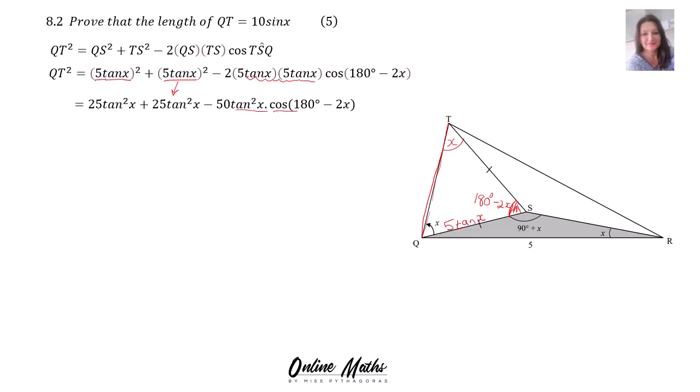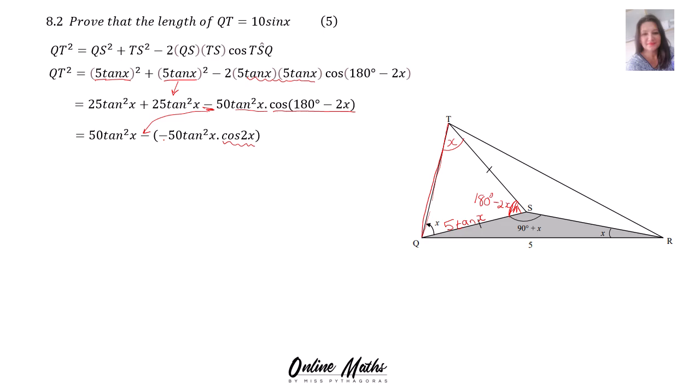The cos of 180 minus 2x can be reduced to just cos 2x, but cos in this quadrant is negative, so therefore there's a negative cos 2x, and then this negative is that negative from the sum.